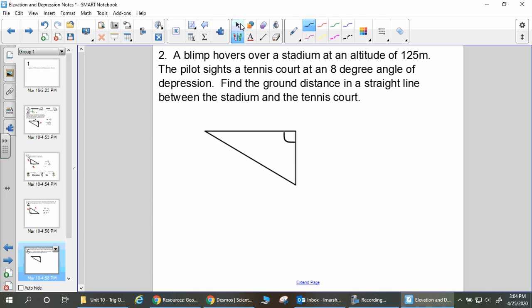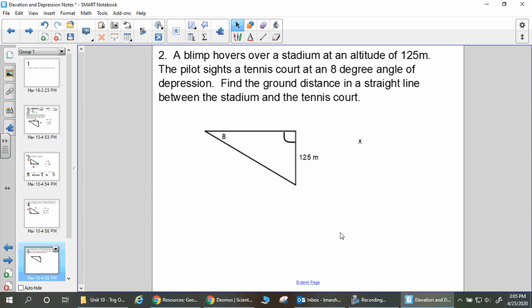Okay, and then we need to put in what they told me. They told me an altitude of 125 meters, and they told me an 8-degree angle of depression, and obviously I have an x that I'm finding. So first thing I know is I can slide my 8-degree angle into place. Altitude, remember, an altitude is how high something is.